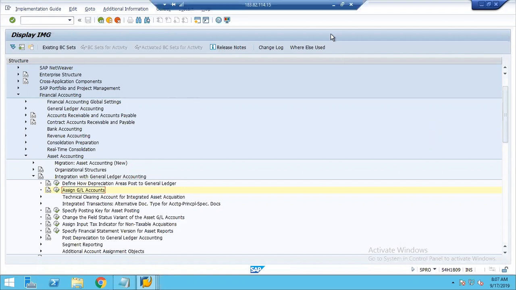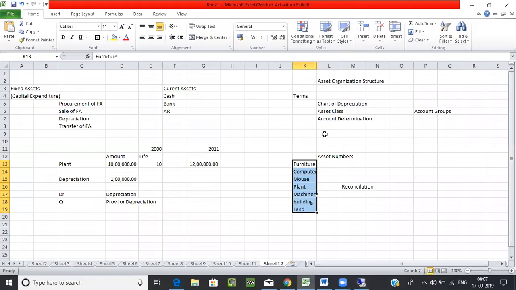The next one we have is depreciation areas. What are these depreciation areas? Now, we have an organization, a manufacturing plant in the US.